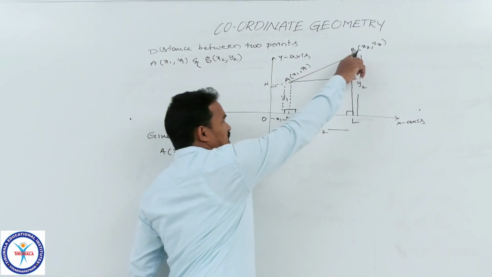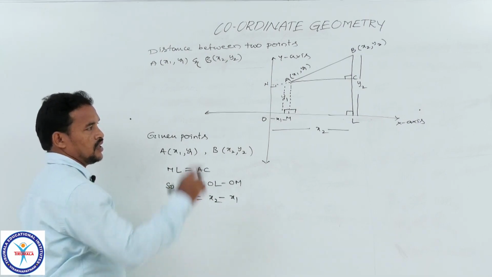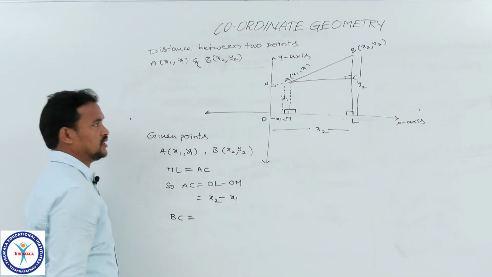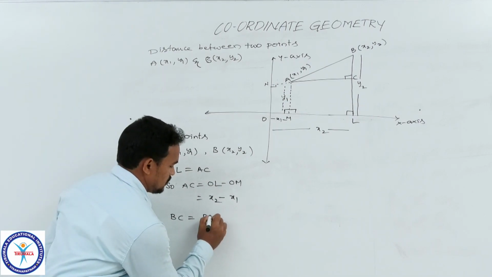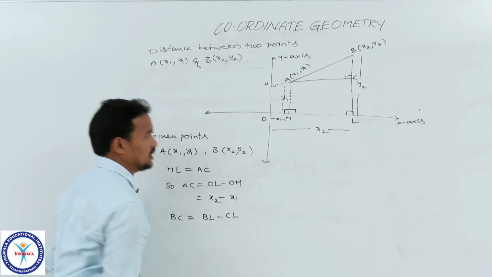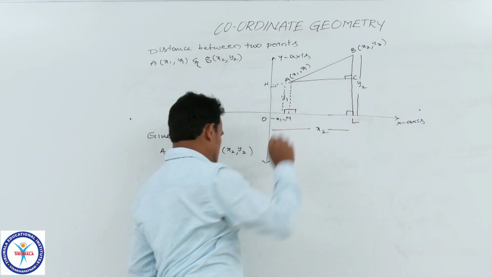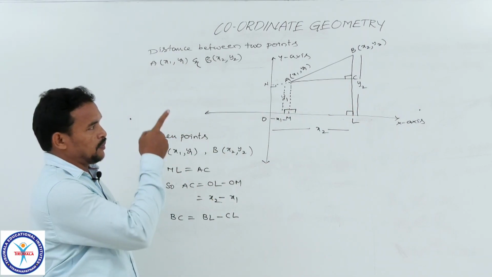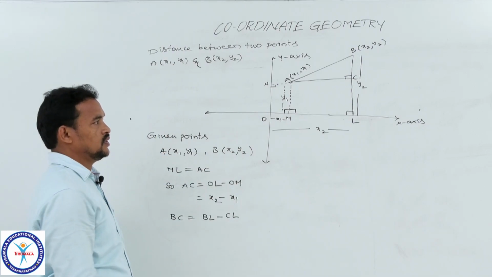After that, we want BC. Here in triangle ABC, BC is BL minus CL. BL, the perpendicular distance from the point B to the x-axis, is y2.